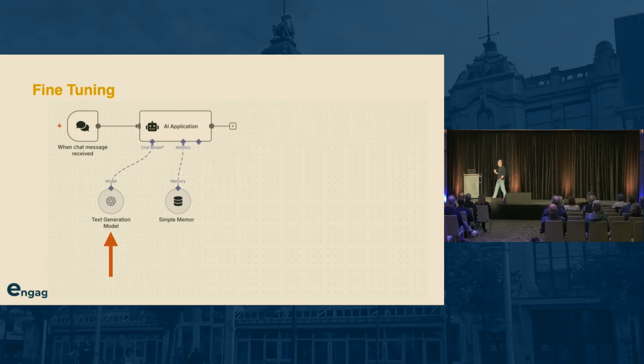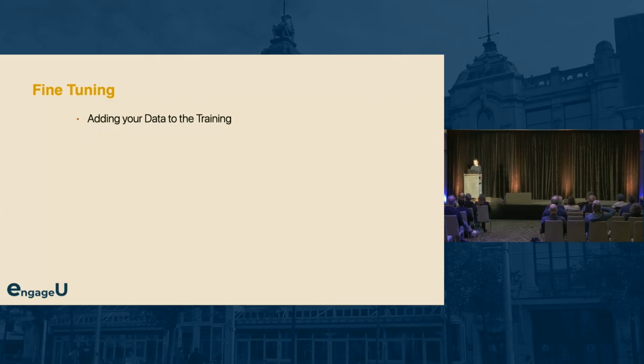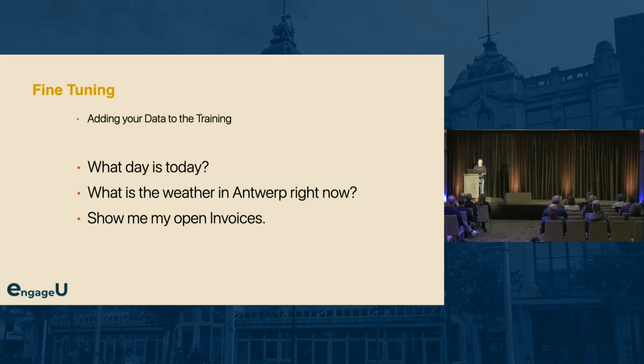So not many of us are going to be fine-tuning our own models. Also keep in mind that when you train or fine-tune a model, you do it at a point in time. You only feed it the data that is known up to your training moment, so anything that happens after that is not possible.